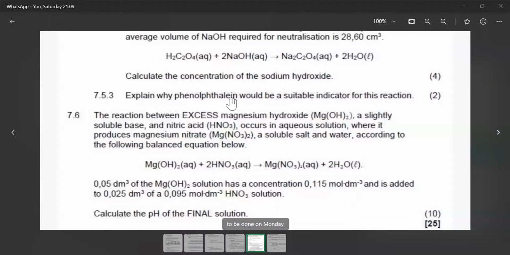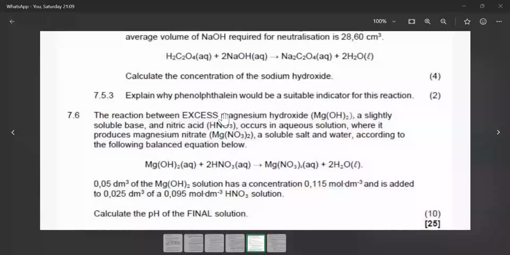And this salt is actually soluble in water. And this is the balanced chemical equation. Okay. And this is important. They tell us that magnesium hydroxide is in excess. It is an excess reagent, which means that the nitric acid is the limiting reagent.